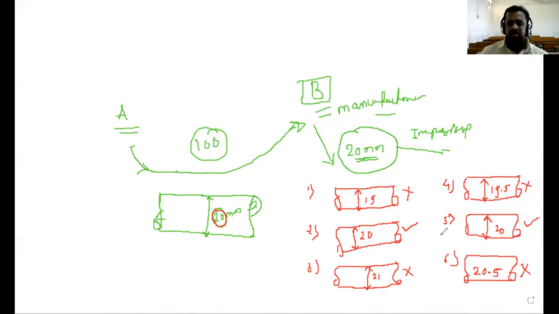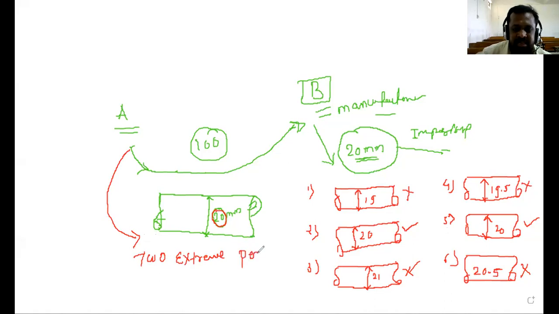To avoid such type of rejection, here that person has given some permissible, what we can say, two extreme permissible sizes.